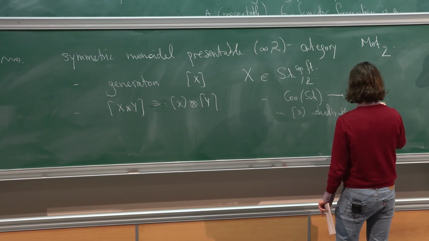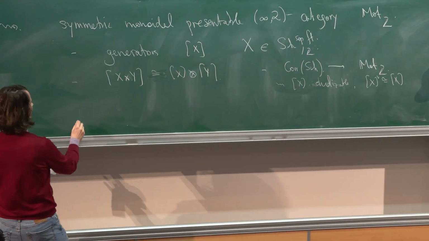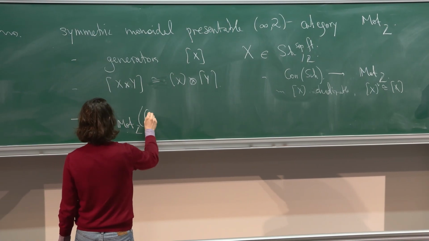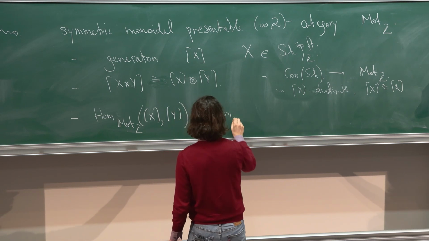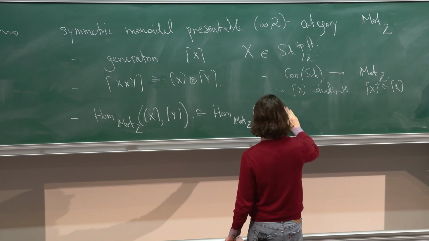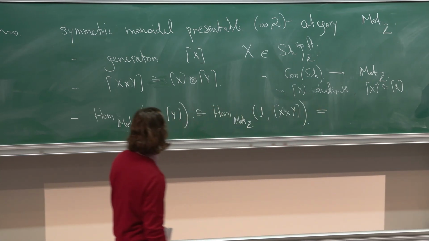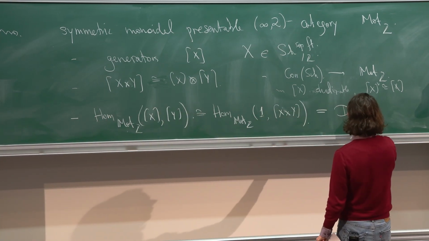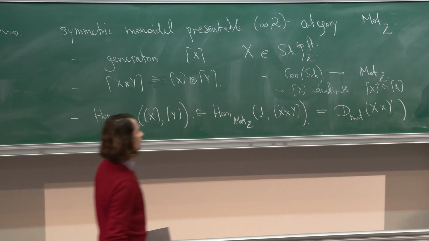And the dual of X is identified with X. And so this means you can also compute what the homomorphisms are between X and Y, because this is identified with the homomorphisms from the unit to the dual, but the dual is the thing itself, so it's X tensor Y. And this should be precisely given by the derived category of motives on X times Y as it comes out of this theory.